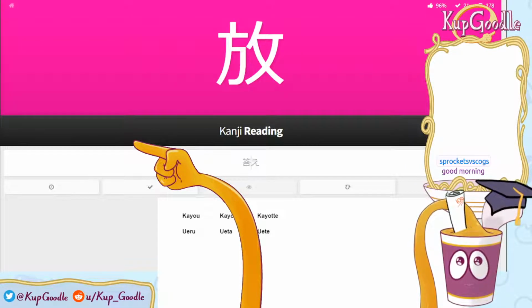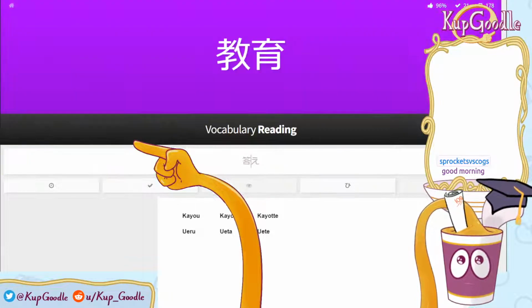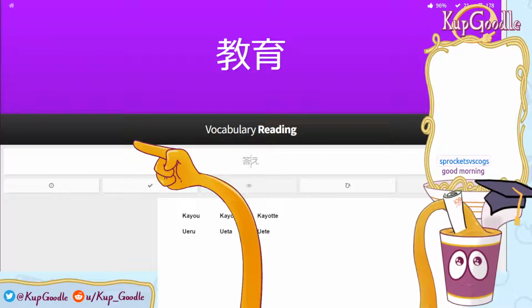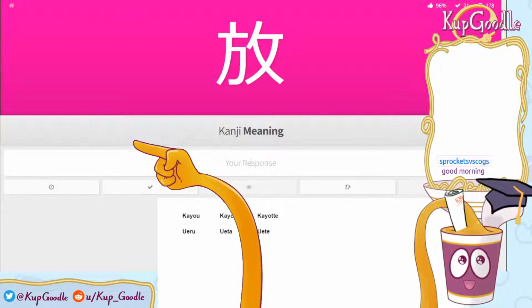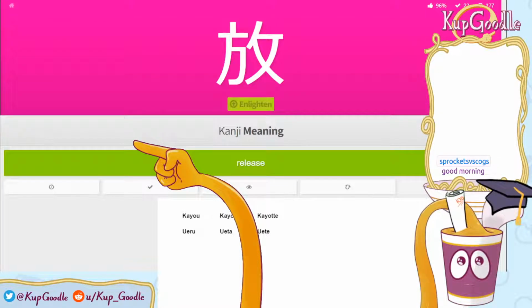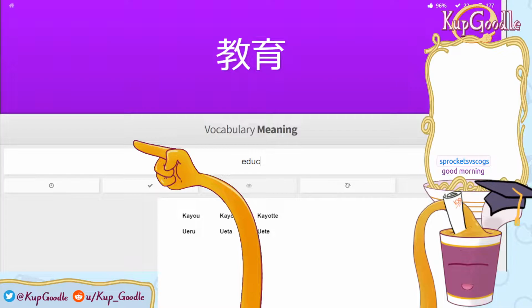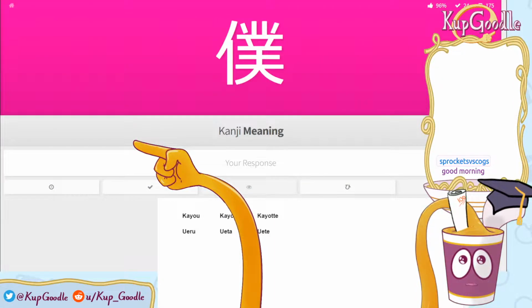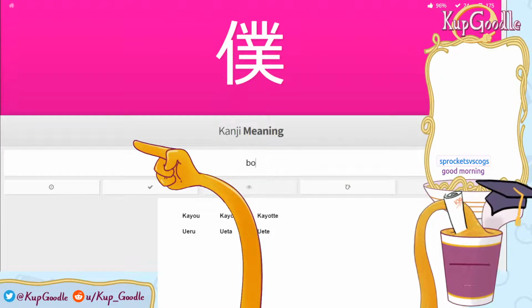Kyoiku. Education, nurture, like teacher, nurturing. Kyoiku, education. Boku.